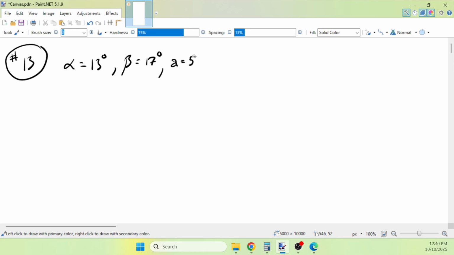It says, find the remaining sides and angle. Okay, so we have a triangle, the sides are labeled alpha, the opposite side is A, one of the angles is beta, with the opposite side B, and so on.